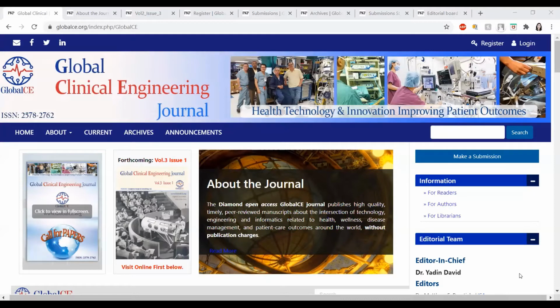This online Diamond Open Access journal is basically stating that to maintain peer-reviewed manuscripts and publications that are available without charge to both readers and authors is quite unique in the field today.